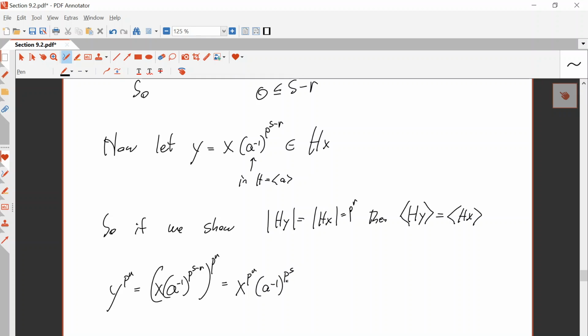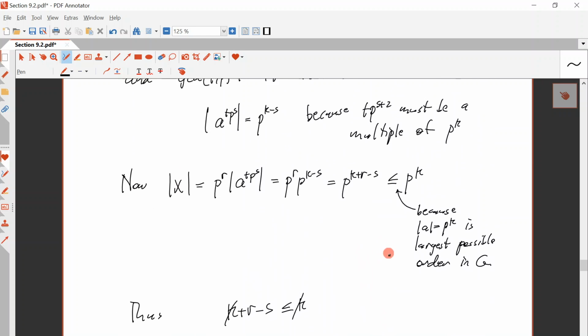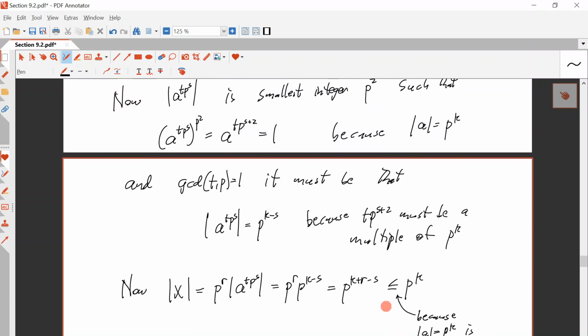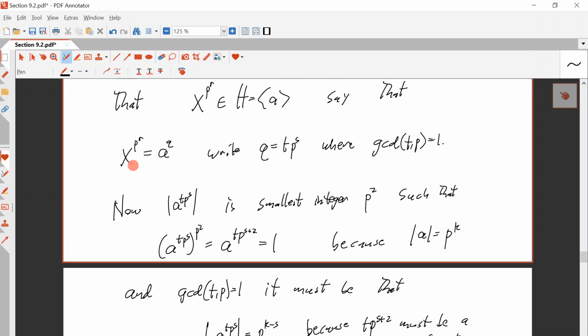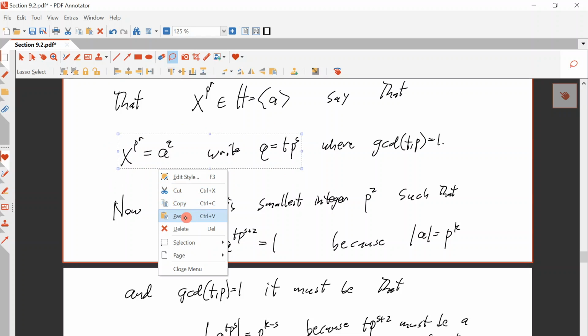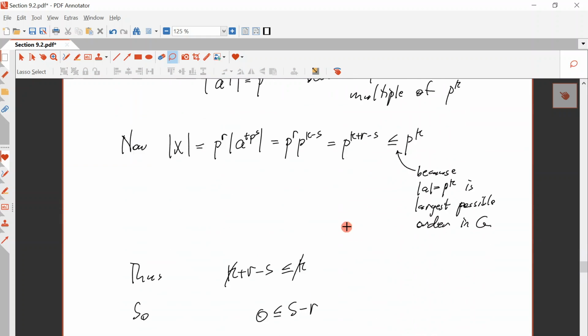Right? x to the p to the r, where is it? x to the p to the r was a to the q, where q is tp to the s.